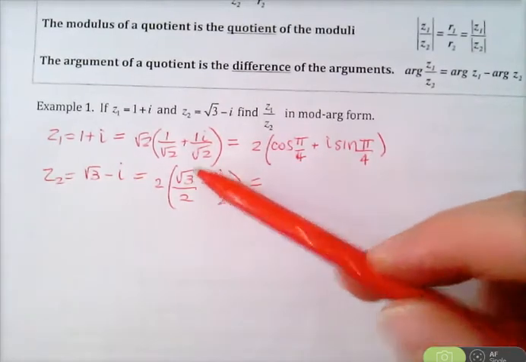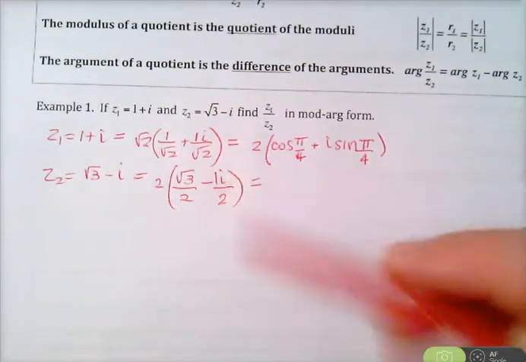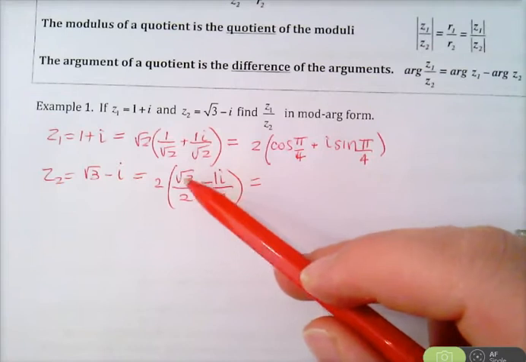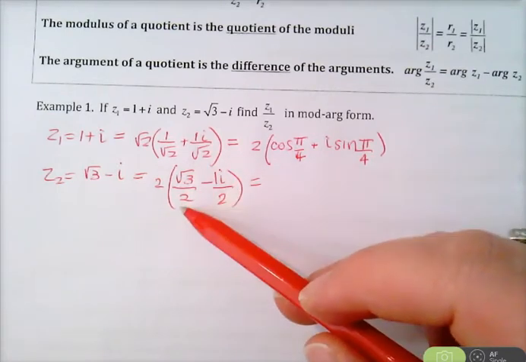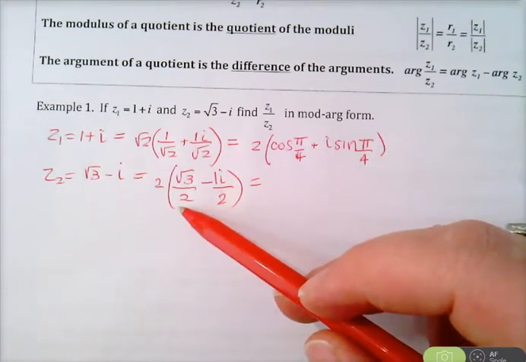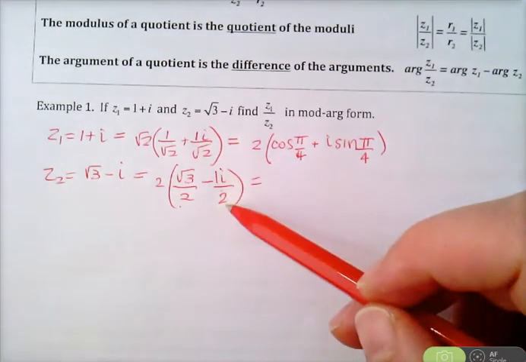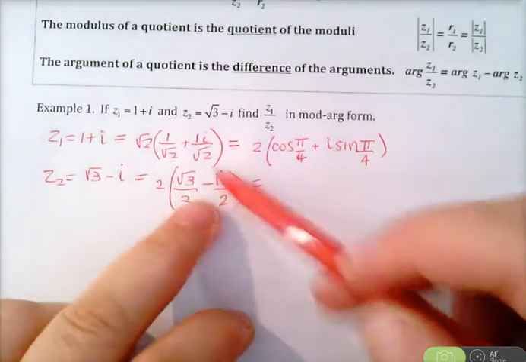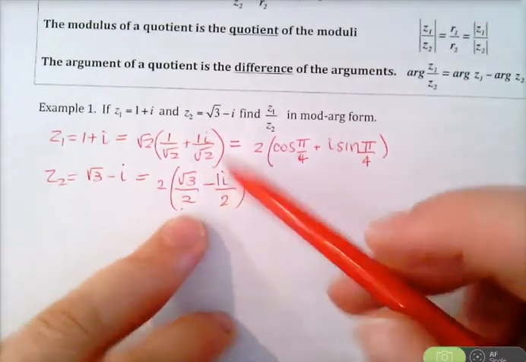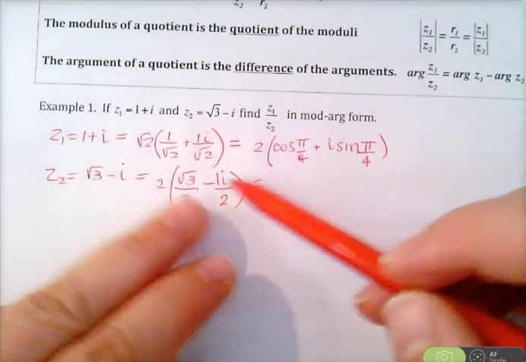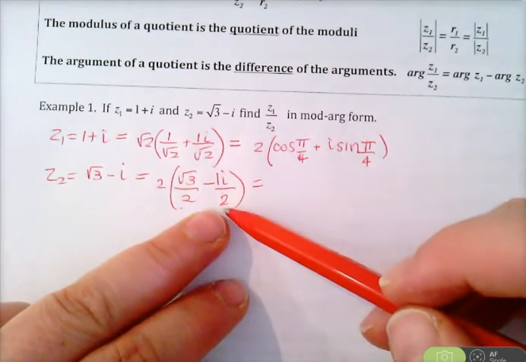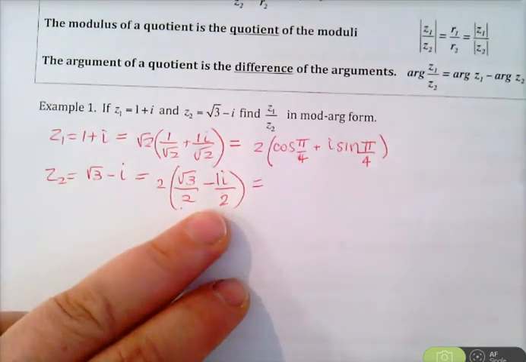Now we've got root 3 on 2, this is positive here, and minus a half, we're getting a negative answer here. So for the cos to be positive and the sine component to be negative, you have to be in quadrant 4.